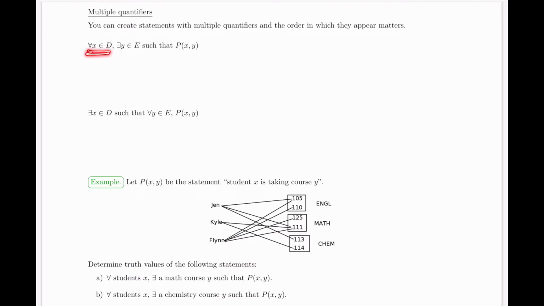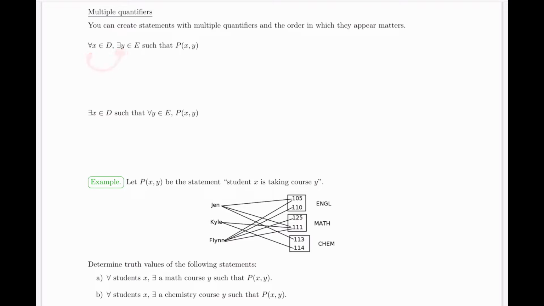Whatever x you pick, because you can pick any one of them, I can find a y that will have this property. So you are allowed to pick any x. I am going to look for the y that exists so that this property that depends on both x and y actually works. Notice here that different y's will work for different x's.